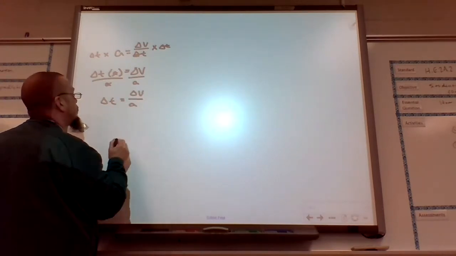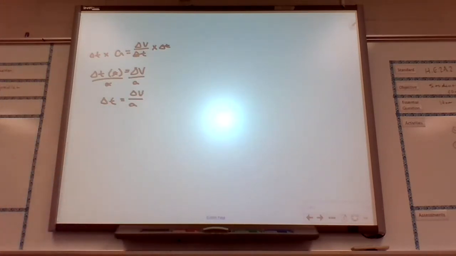So change in time equals delta V over A. That's the first step. Taking the basic acceleration equation and solving it for change in time, or delta T.